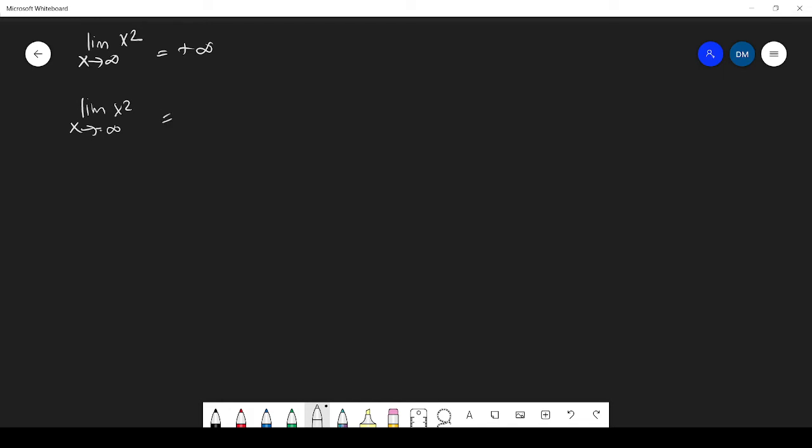So, remember, if negative infinity to and naka-square siya, pag nag-square tayo ng negative na number, the result is a positive. So, it's like this, no? Kunwari na lang mag-assume tayo na nag-substitute tayo ng negative infinity dito, but it is squared. So, since even yung ating exponent, ang mangyayari dyan is, magiging positive to pagka in-evaluate natin yung exponent niya. So, therefore, this function is also approaching positive infinity.